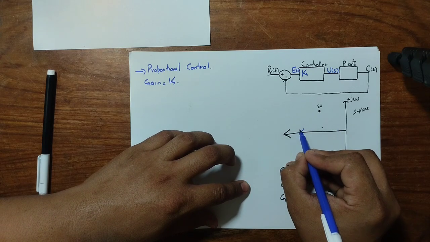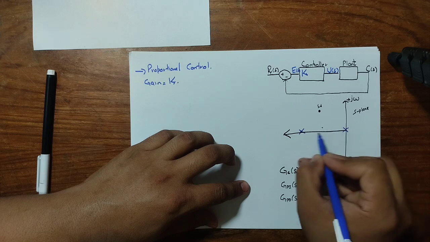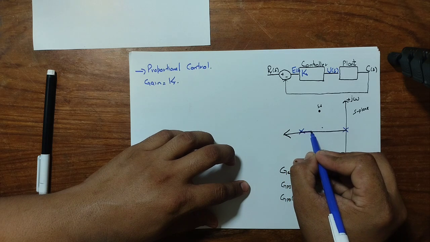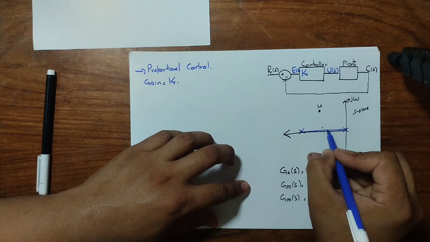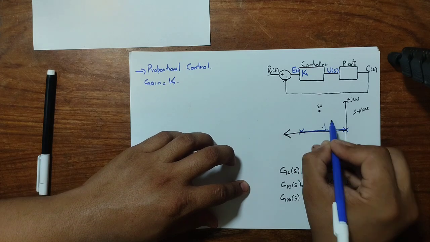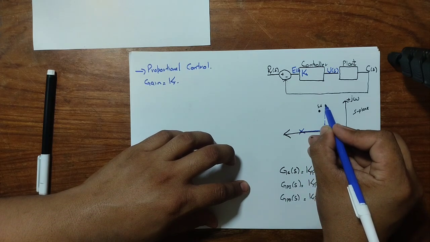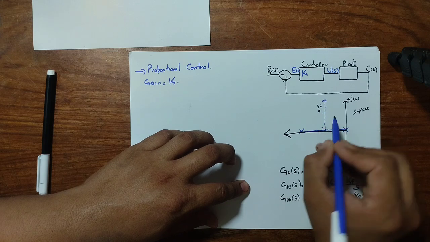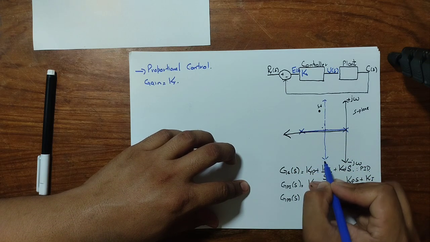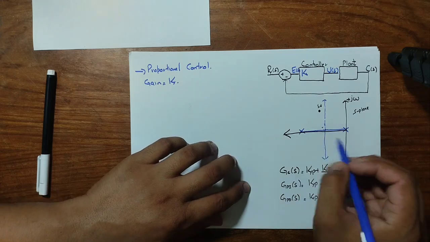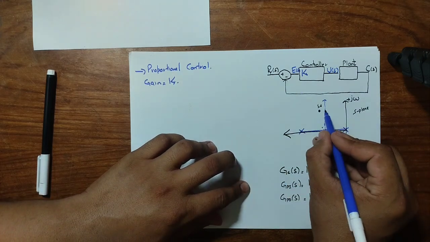Let's assume a simple example where we change the gain k, and the root locus launches from here towards the open loop zeros and follows the asymptotic behavior to infinity. So by changing just the proportional gain k, we cannot pass through this point, right?